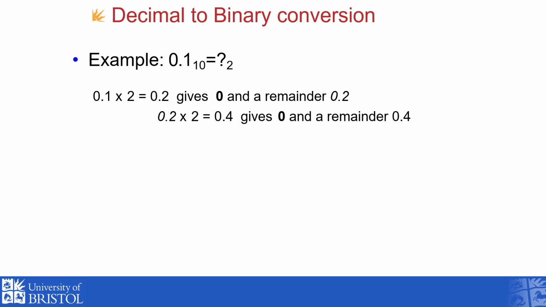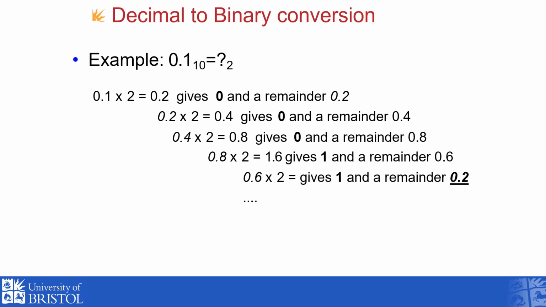We are going to keep this 0. We're going to take the remainder and multiply it by 2. This time we get 0.4, which gives us an integral part of 0 and a remainder of 0.4. Again, the focus here is to keep the integral parts every time and take the remainder and multiply it each time by 2. If you keep doing this, when you reach this step, you're going to get a result of 1.6, which gives you your first 1.